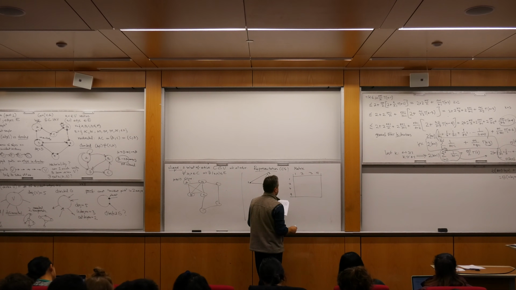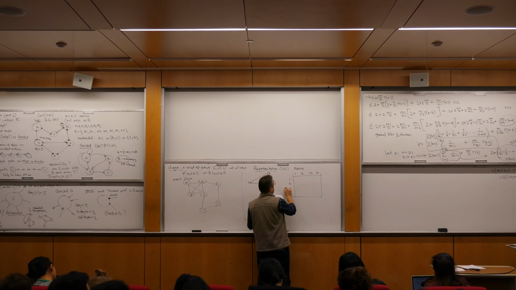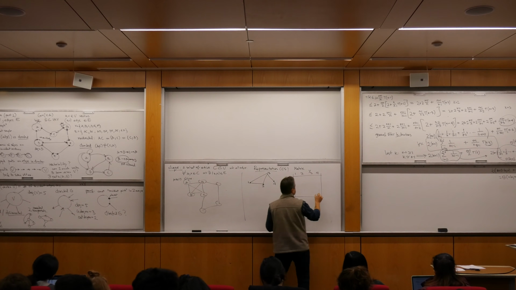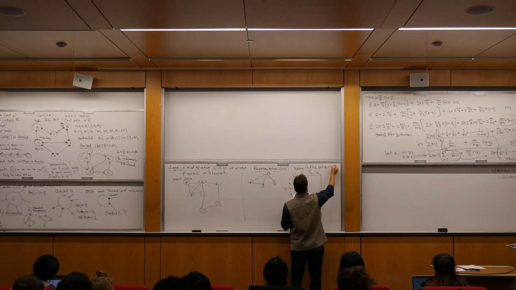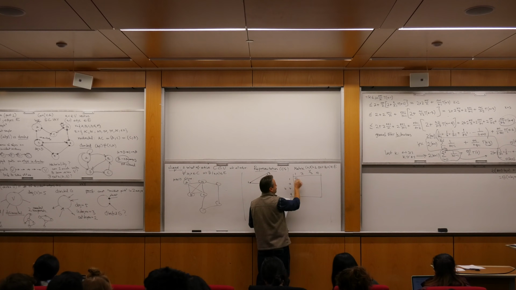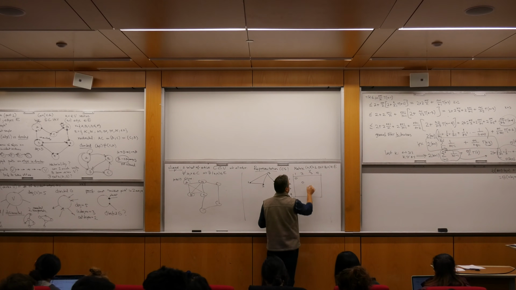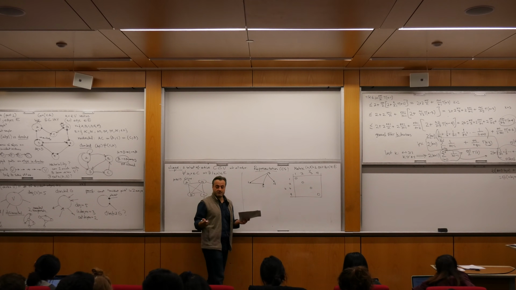This matrix M, matrix of UV, equals 1 if UV is an edge, right? So since it's a simple graph, 1 to 1 is no edge, 2 to 2 is no edge, 3 to 3 is no edge, 4 to 4 is no edge. Simple graphs cannot have loops to themselves, so there's no edge in there.